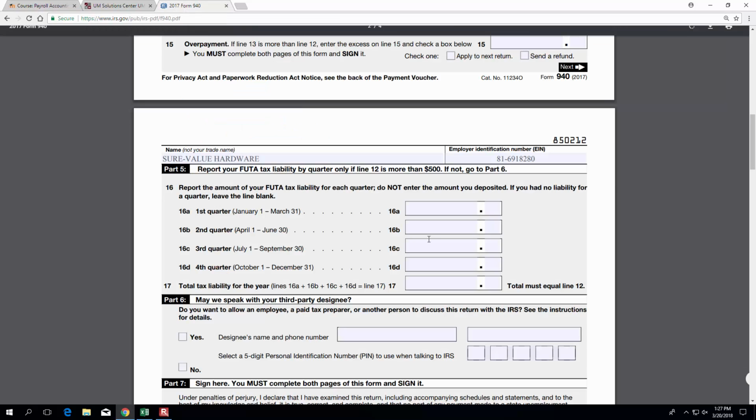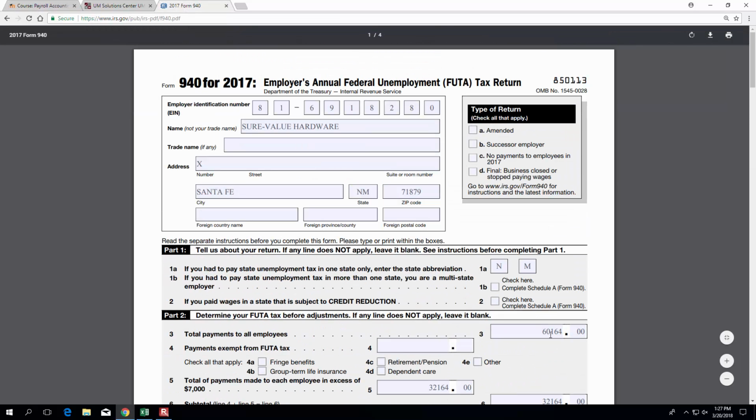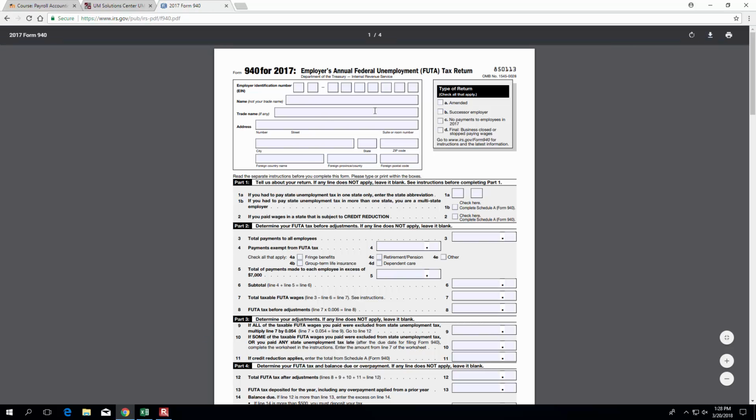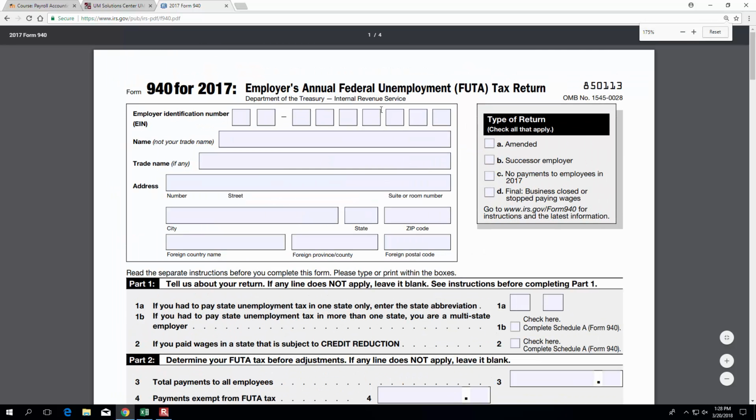Okay, so let's go get a fresh one here. And we're going to fill out our EIN. So you at home that are listening to the tape, you can have the payroll register in front of you, and then the 940 should probably be a hard copy, or you can go between a split screen, whatever's easiest for you.